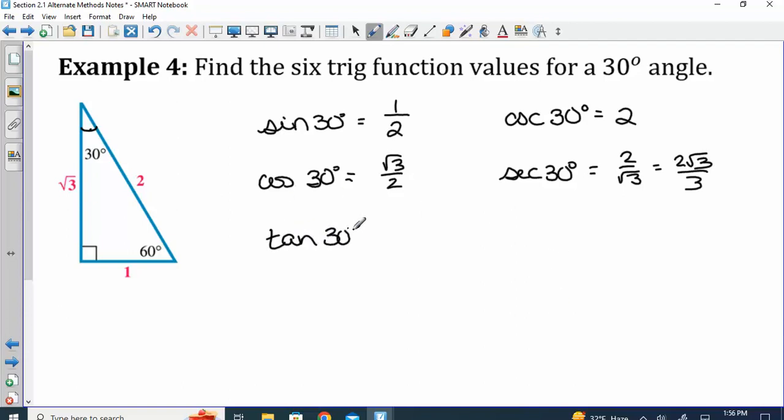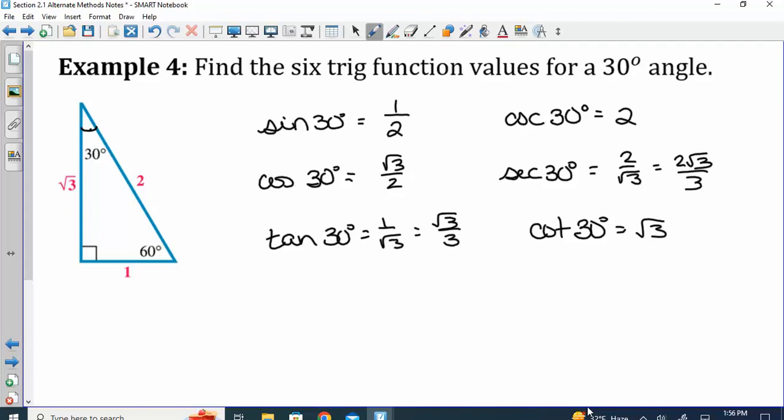Tangent of 30 degrees. So tangent is opposite over adjacent, 1 over radical 3. Multiply by the radical and you get radical 3 over 3. Then cotangent of 30 would just be radical 3.